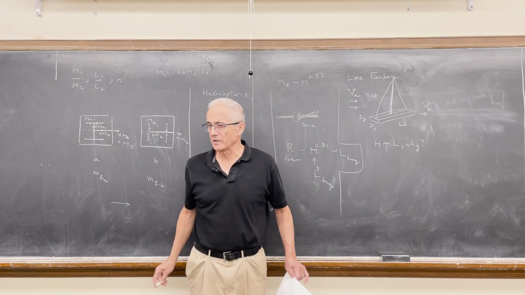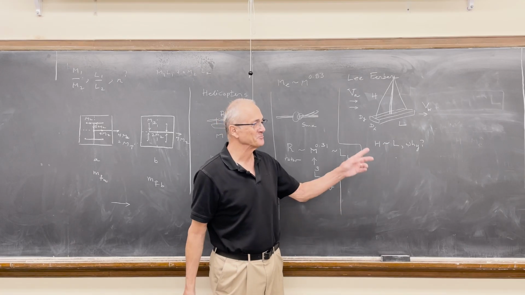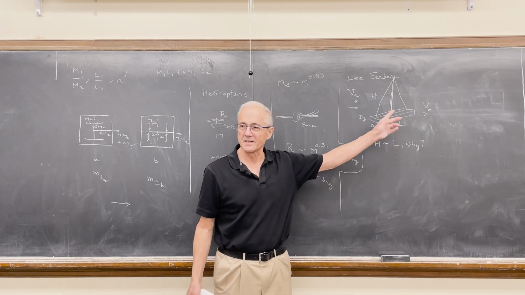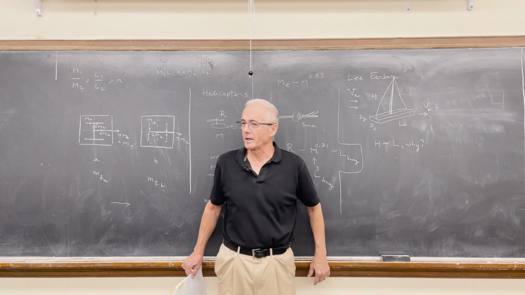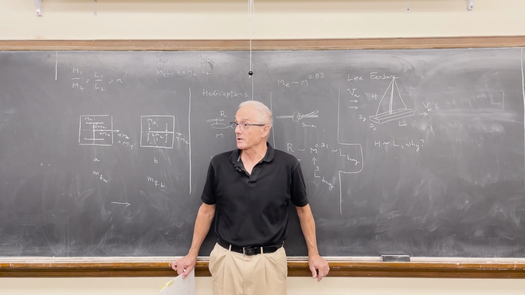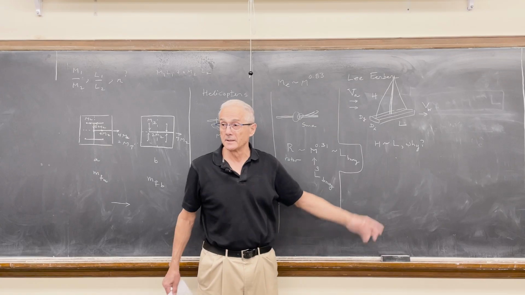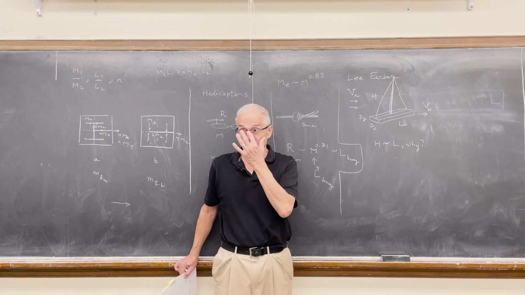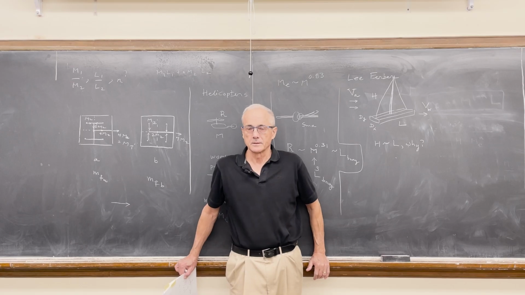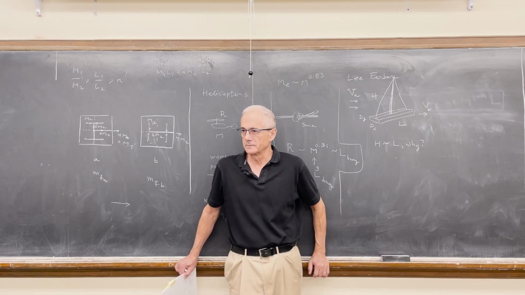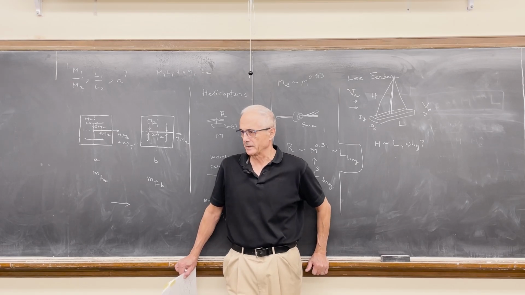And so the object of the game is to change things in this drawing so that V on the water is closer and closer to that of the wind, because there's no other source of power on water, especially in antiquity.